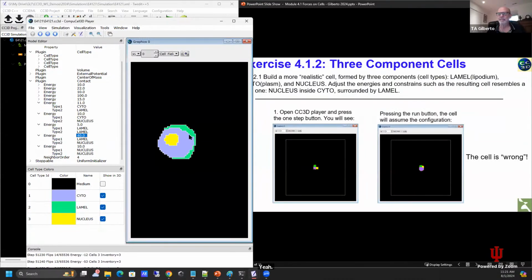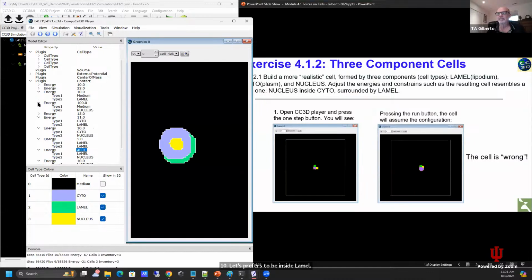Nucleus hates lamel. Nucleus and cyto 10, nucleus prefers to be inside cyto. And with medium, 100. Medium hates the guts to be near the medium. 100. So it never will touch the medium. So knowing this relationship between the cell types, we can have a guess at least to start to find those values. Okay, it's a work.